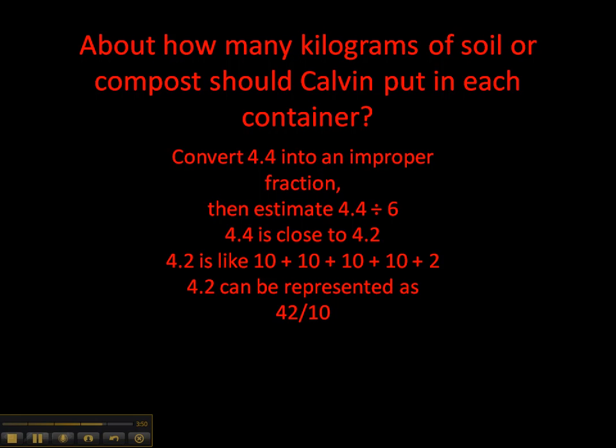That gives us 42 over 10, or 42 tenths. Now I chose 42 because it divides really nicely by 6. It divides into 7 tenths. If you divide 42 tenths into 6 equal parts, it's 7 tenths, because 42 divided by 6 equals 7. This can also be represented as 0.7.